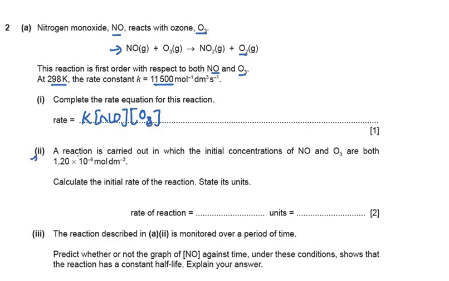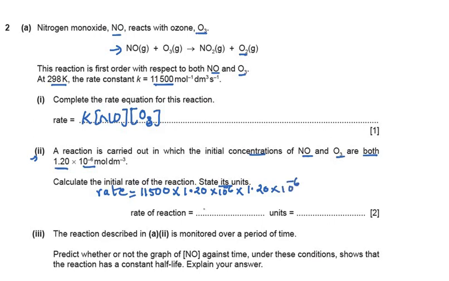Now the next sub question says a reaction is carried out in which the initial concentration of NO and O3 are both 1.20 × 10^-6 moles per dm cube. Calculate the initial rate of the reaction and state its units. So directly substituting the values in the rate equation above, where the rate constant is 11500 moles per dm cube per second, into the concentration of nitrogen monoxide, which is 1.20 × 10^-6, and the concentration of ozone is also the same, 1.20 × 10^-6.